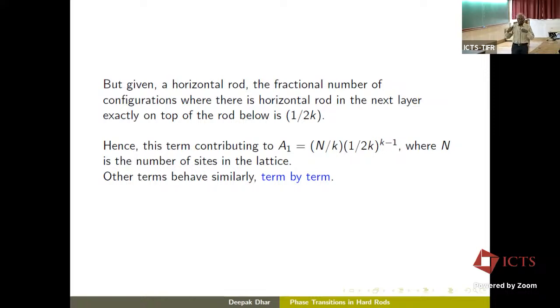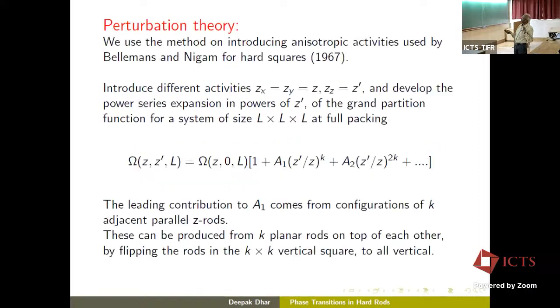Then you can look at other corrections and again estimate them. Each of them term by term is 1 upon k to the power k minus 1. It is hard to prove, or we have not proved, that the sum of all these terms is finite, but it seems plausible. If you assume that the series converges, then this perturbation theory is well behaved, and the corrections are only 1 by k to the power k, and then the result follows.